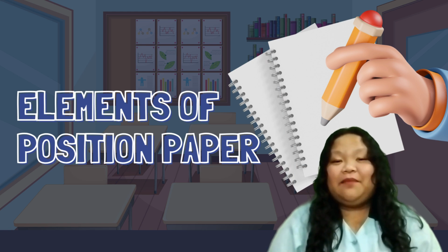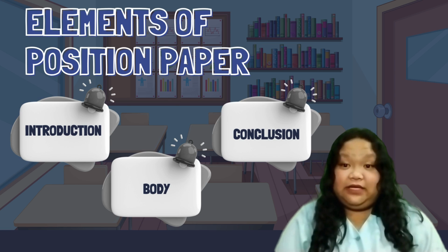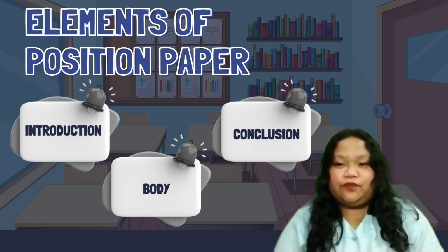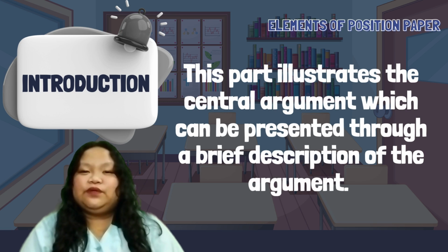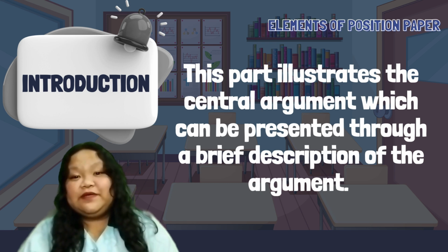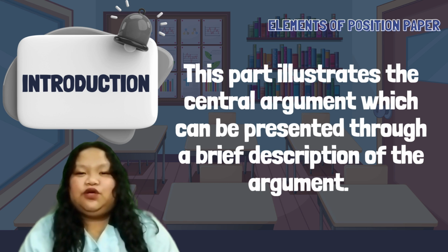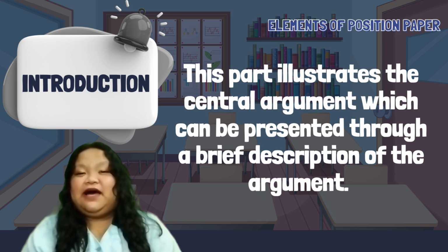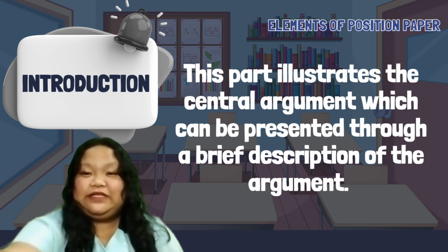Now, let's talk about the elements of a position paper. So, we have introduction, body, and conclusion. First, we have the introduction. This part illustrates the central argument, which can be presented through a brief description of the argument. So, it presents the main argument and provides a brief overview of the topic that you want to discuss.